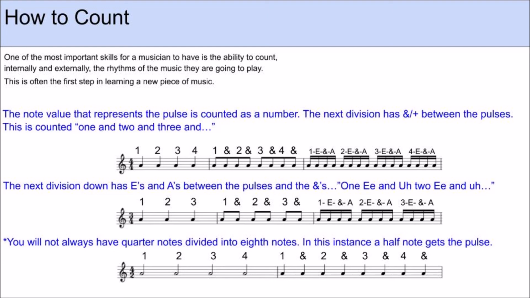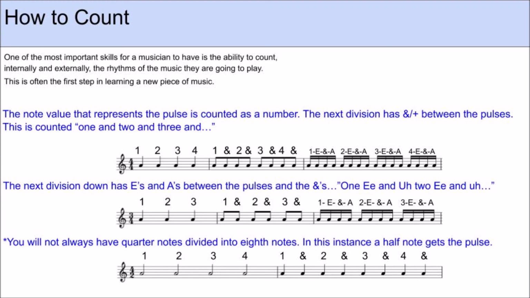If you go down to one more subdivision, the 16th notes, the numerical representations, the and are still in the same places they were before. But now there's a 16th note in between each of those.